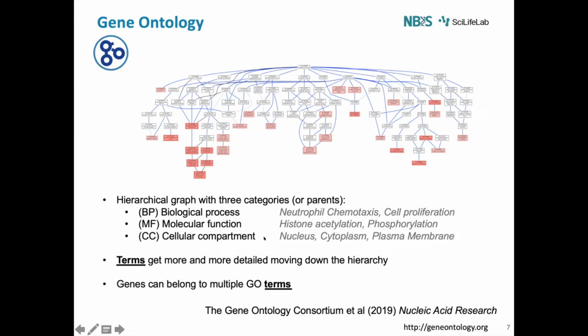Some proteins are present in multiple locations, but here, for example, nucleus, cytoplasm, and plasma membrane. The more common, especially for immunologists, will be biological process. But if you have, for instance, cell biology analysis, then you would like to focus maybe on molecular function or cell compartment. So the terms get more and more detailed, moving down the hierarchy.